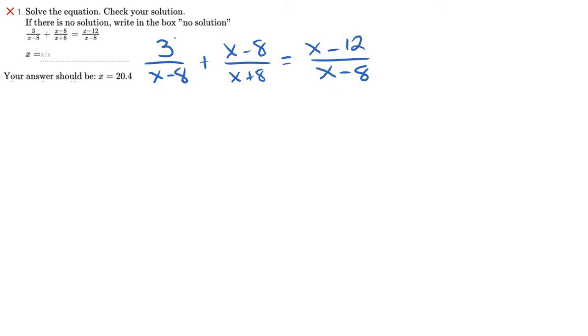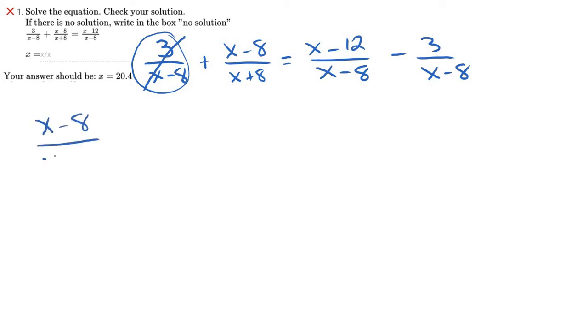So what if I subtracted this guy over to the other side? That would be minus 3 over x minus 8, right? So I just subtracted that over. Then we could combine these. So I now have x minus 8 over x plus 8 equals x, well, negative 12 minus 3, so that would be minus 15, right?